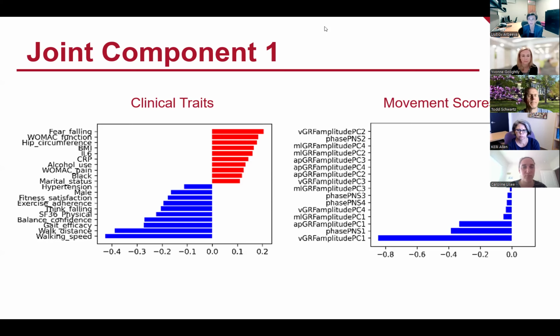If you think about it like principal components analysis, but extended to more blocks, more data matrices. The loadings are defined by both magnitude, so higher bars indicate more importance, and sign. If, for example, movement function and walking speed look in different directions, it means that with increasing walking speed, the movement function is lower.